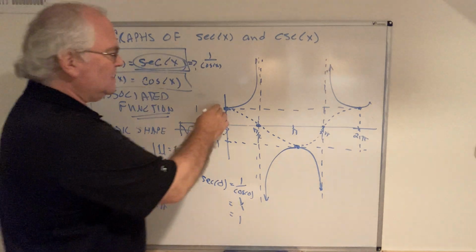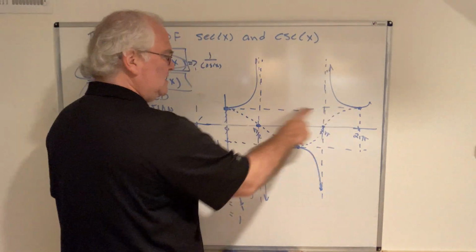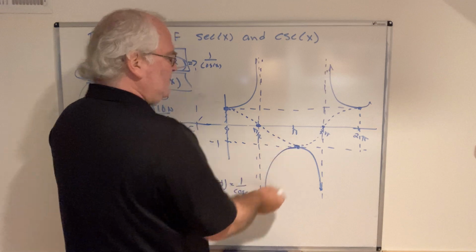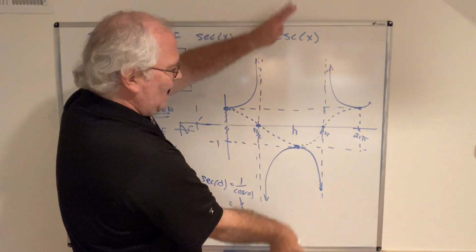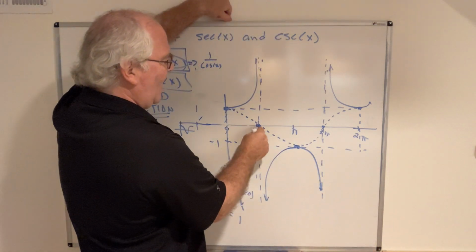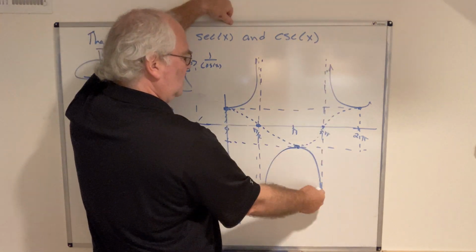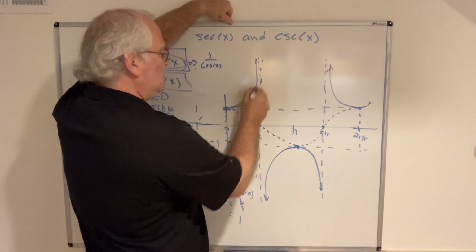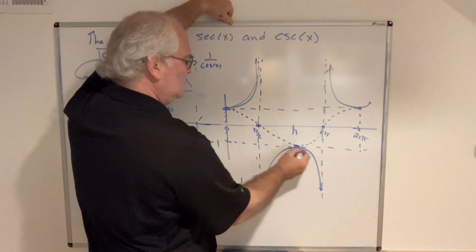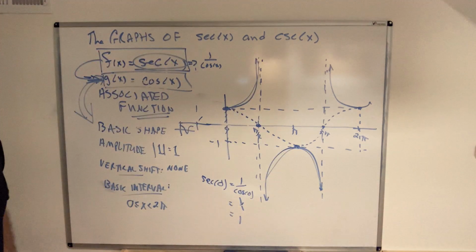And you make this nice little dotted line curve inside this little box. But then essentially what happens is it explodes outward. Anywhere that has a node becomes a vertical asymptote, the peak becomes a point of tangency, the trough becomes a point of tangency, and you sketch in the graph from there.